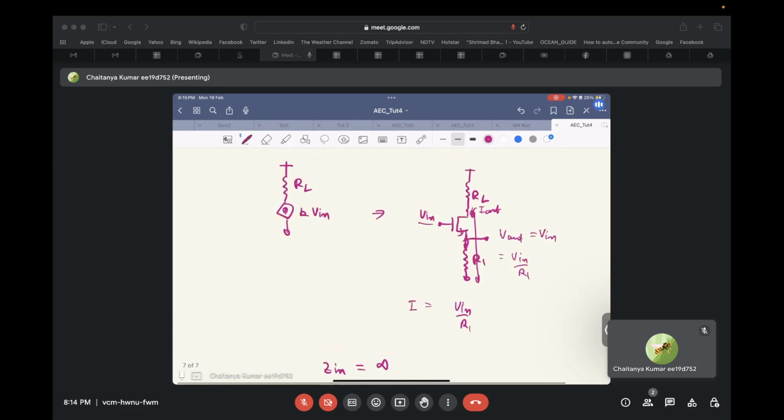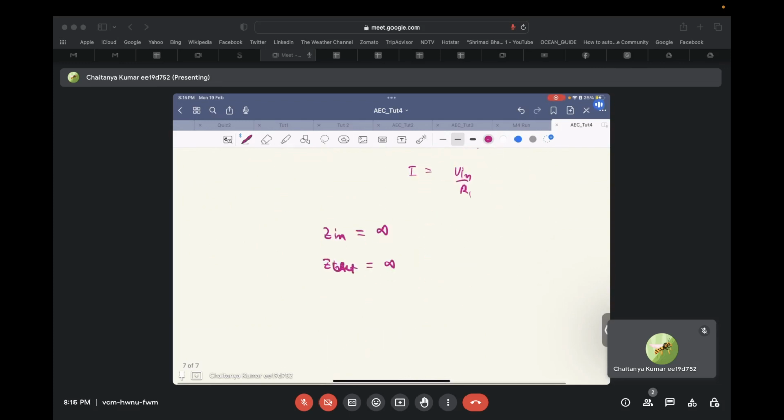And as far as biasing of the circuit is concerned, there can be multiple biasing techniques, and any of the biasing techniques that we have read so far can be used to bias the circuit.